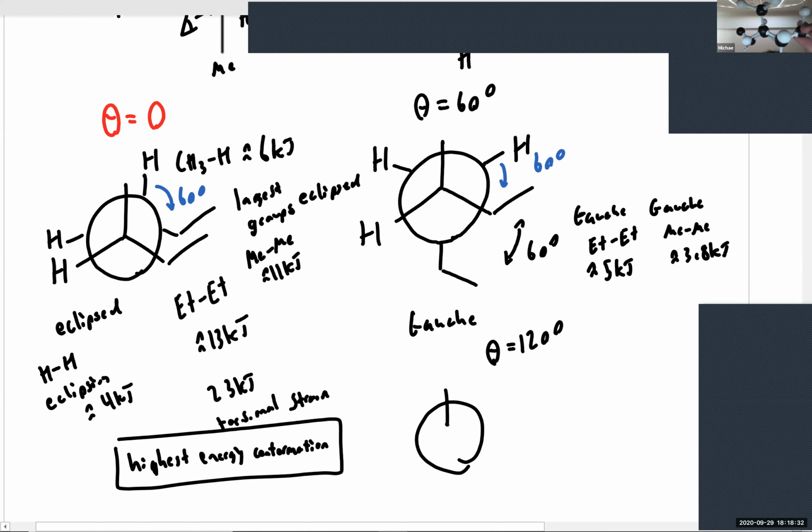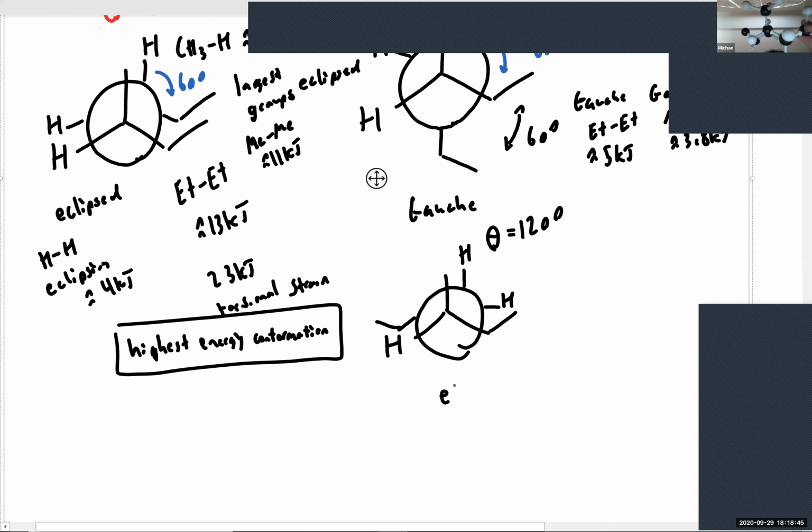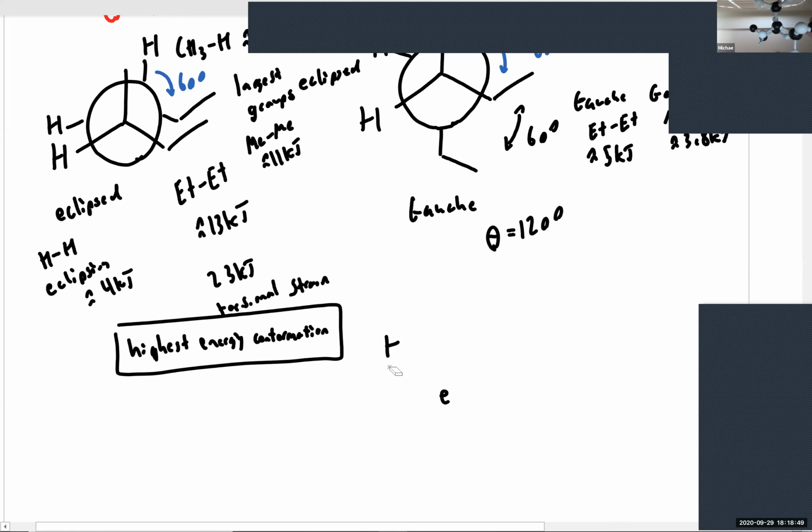So we have our methyl, our ethyl, and our hydrogen as normal. And now we have our hydrogen and our ethyl group. And this is another one of our eclipsed conformations. Let me redraw this one more time.